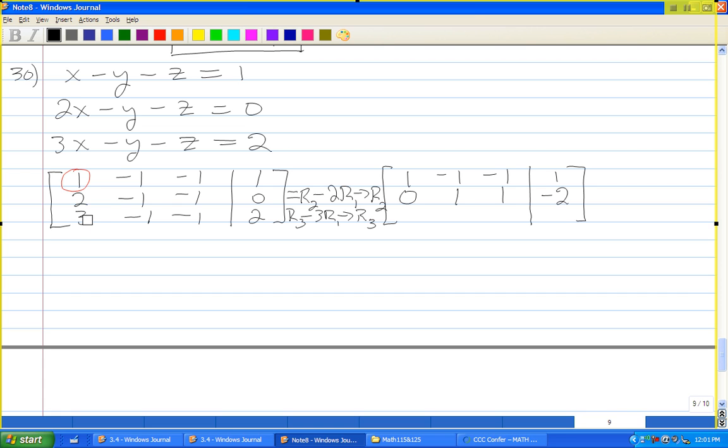And so 3 minus 3 times 1 is 0. Negative 3 times 1 is negative 3, plus 2 is negative 1, and so on across the row.